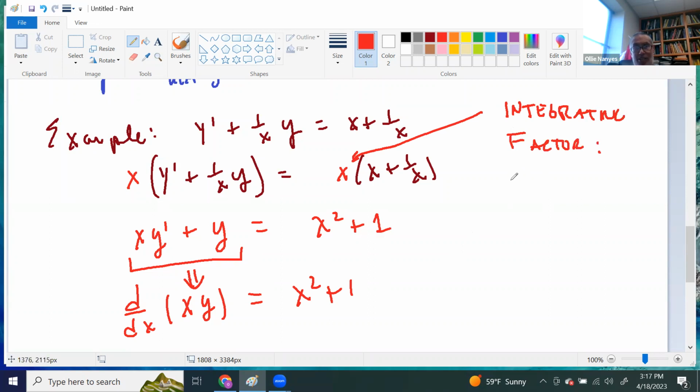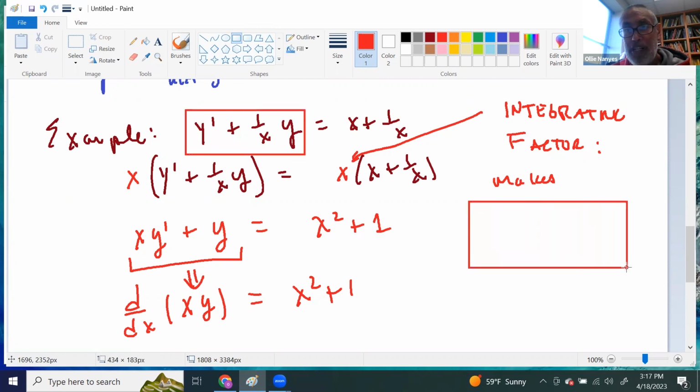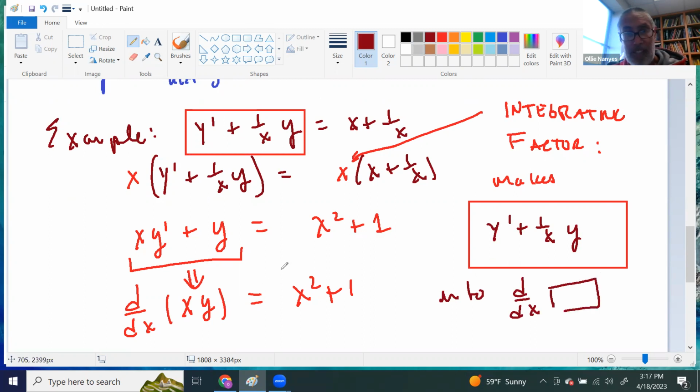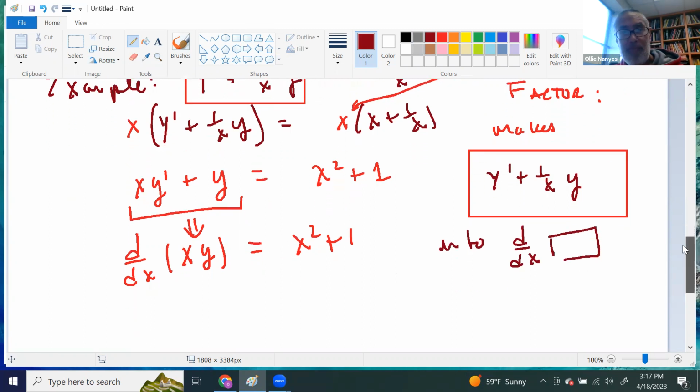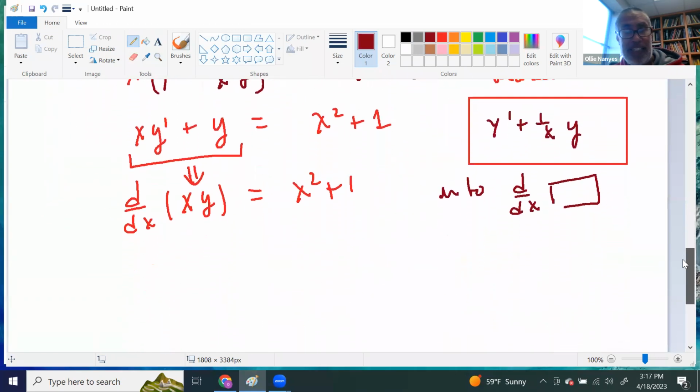And the reason it's an integrating factor is it makes the left-hand side into a perfect d dx of something. So that's the integrating factor x.